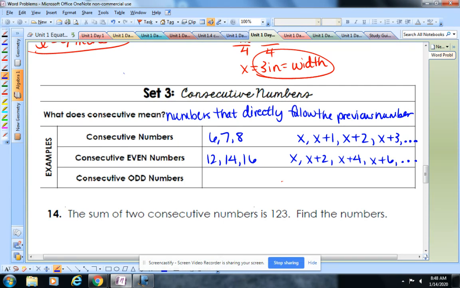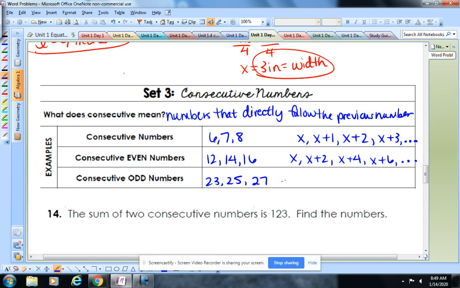Okay. Consecutive odd numbers. So odd numbers are numbers that are not even, right? So they're numbers that end in 1, 3, 5, 7, or 9. So like, let's do 23, 25, 27. Yep. And what do odd numbers go up by every time? 2. They go up by 2 just like evens do. Y'all agree?